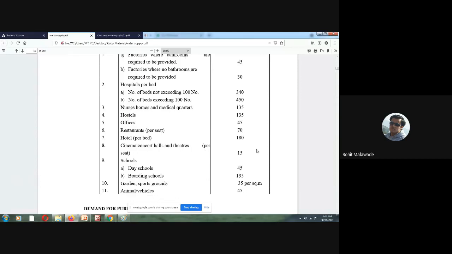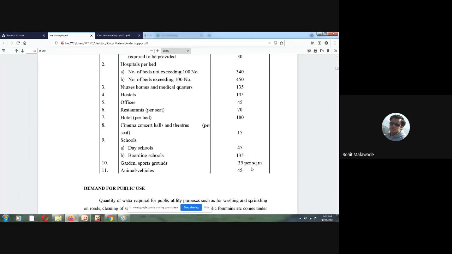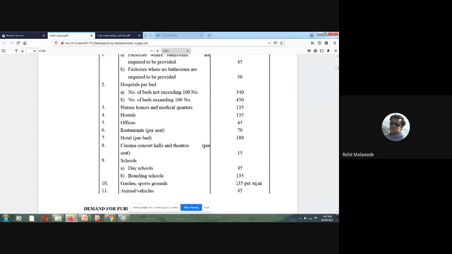Cinema hall, 15 liters per seat. Schools 45, boarding schools 135. Gardens 35 liters per square meter. Animals and vehicles, 45 liters per animal or per vehicle per day.